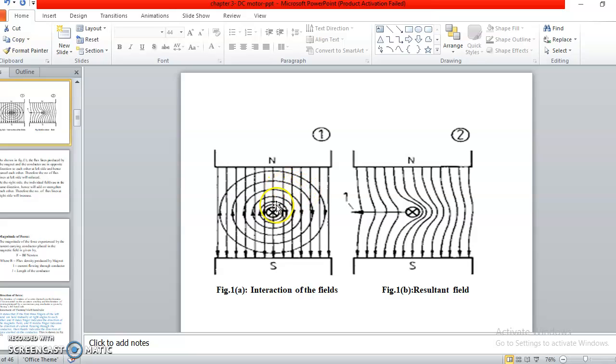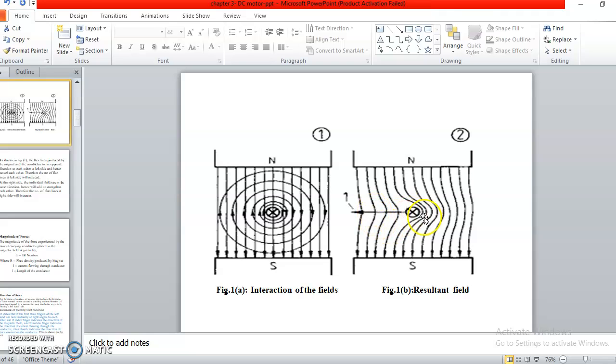You can see that in the left half, the direction of main magnetic flux lines and the direction of magnetic field produced by the current carrying conductor are in opposite directions, so they cancel each other. On the right side, the main magnetic flux lines and the field produced by the conductor are in the same direction, so addition takes place.